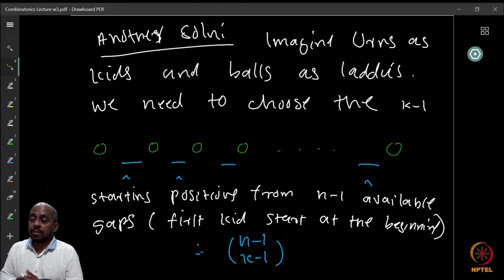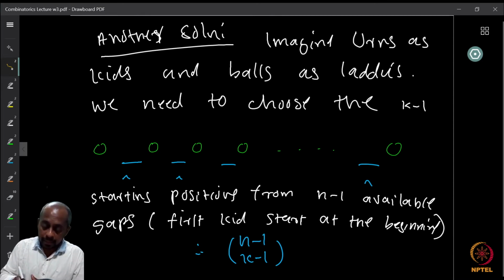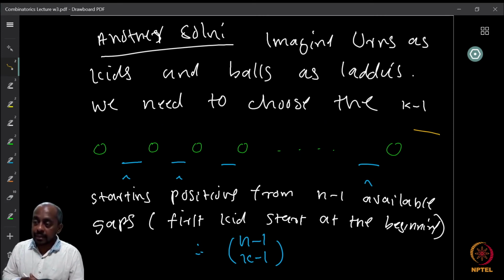So how many ways can we do this? We did this already, but let us review that. We place the ledus in a line, and then we let the kids go from the beginning and pick some ledus and then stop and continue with the next person. The first child always starts at the beginning position.